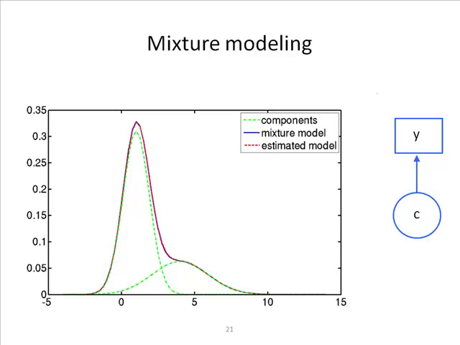Mixture modeling tends to be used when we have only a single outcome. So over here, say we've got a distribution of a continuous variable. Say this is the distribution of body mass index. It's not a normal distribution. You see straight away we've got this red line with this hump at the right-hand side.